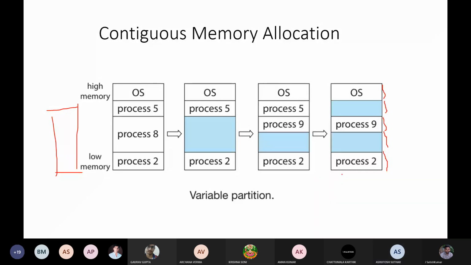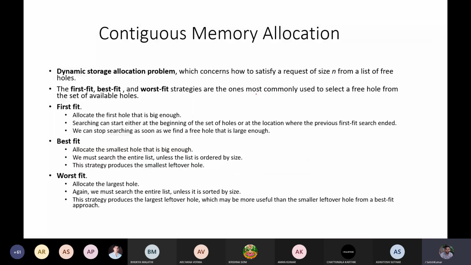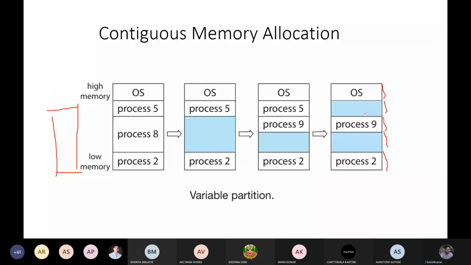Yes, sir. Now, how we are going to allocate a particular process to which block is again a question. Suppose let us say that we have these freely available blocks. Let us say that we have four processes, P1, P2, P3, P4, and four blocks, block 1, block 2, block 3, block 4.